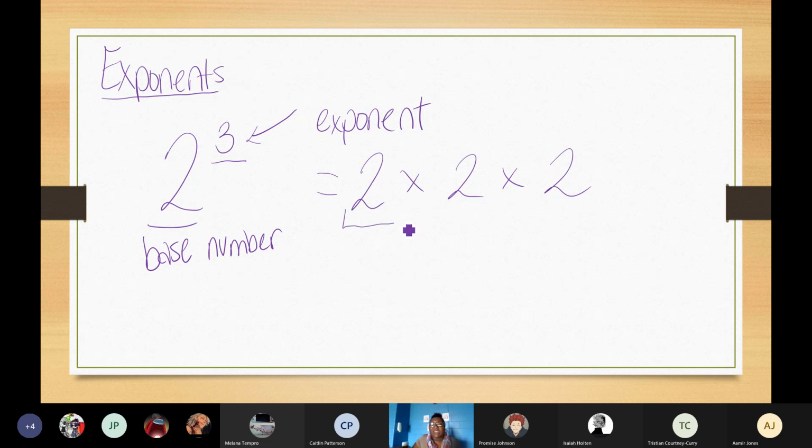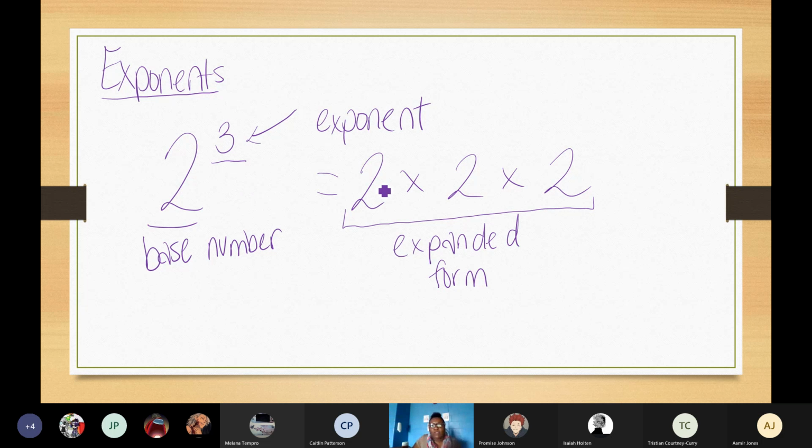This is called the expanded form. When you're asked to write this exponent expression in expanded form, it's asking you to basically tell us how many times that base number is being multiplied by itself.